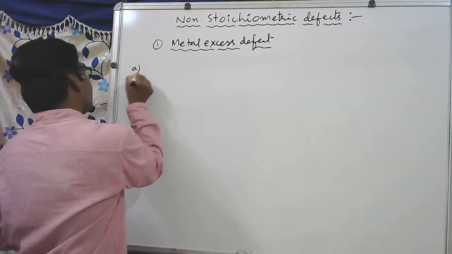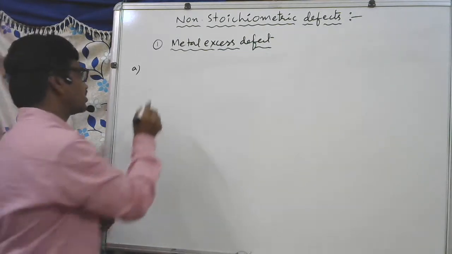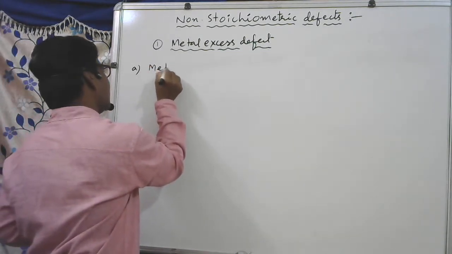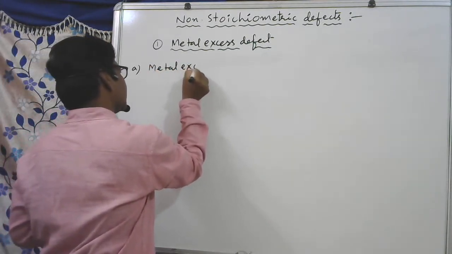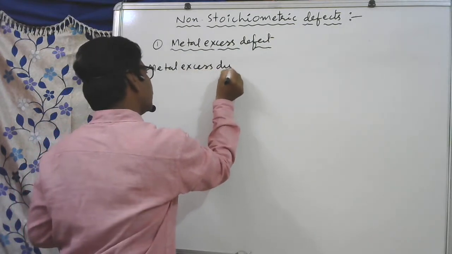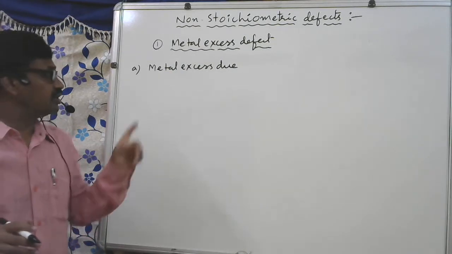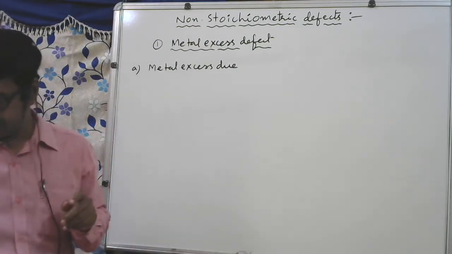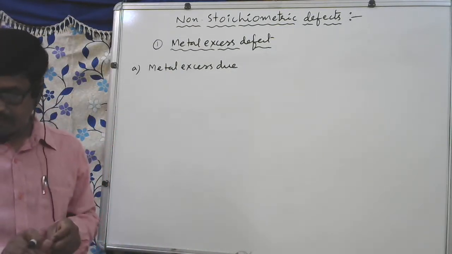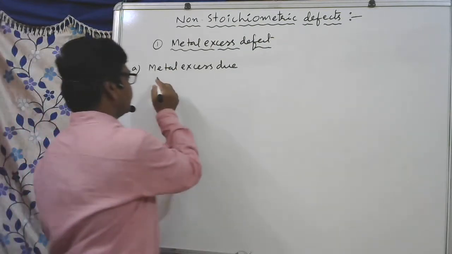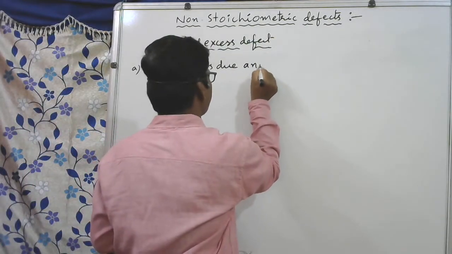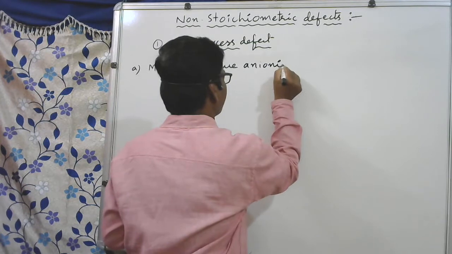In this, first one is metal excess due to anionic vacancies.